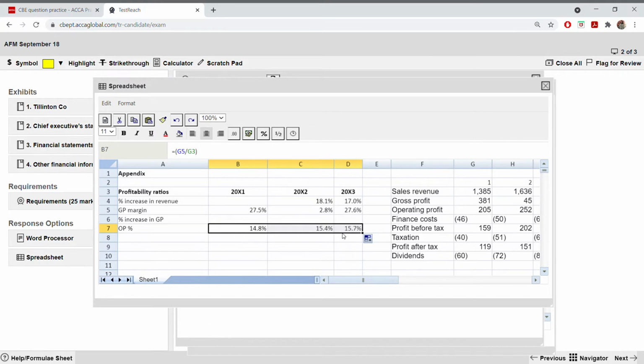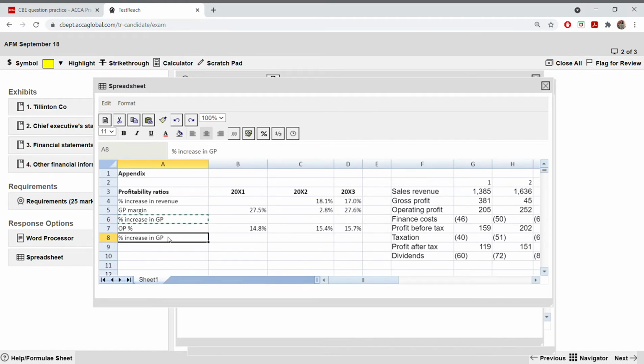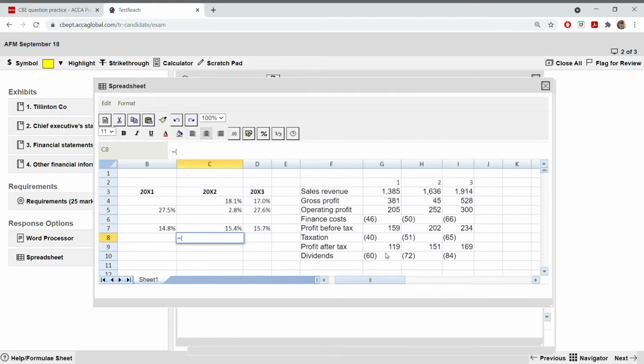Okay, next we have percentage increase in operating profit. So this will change to OP. Here you can take the difference between the two operating profits, this minus this, divided by this.